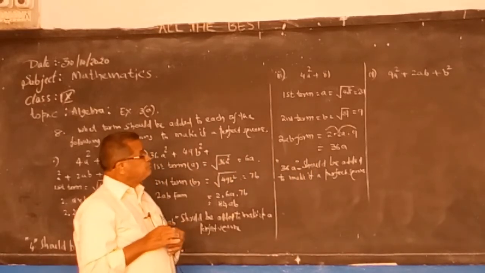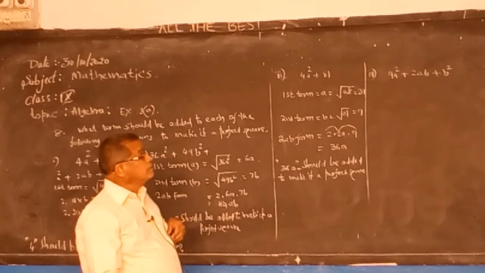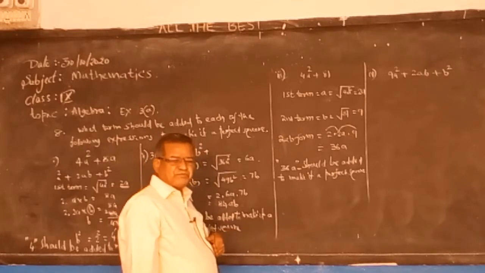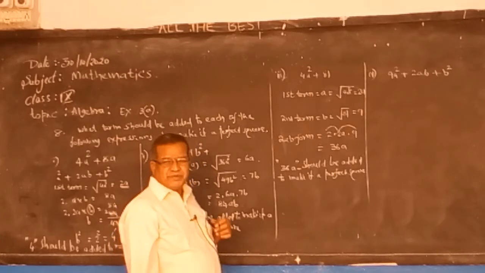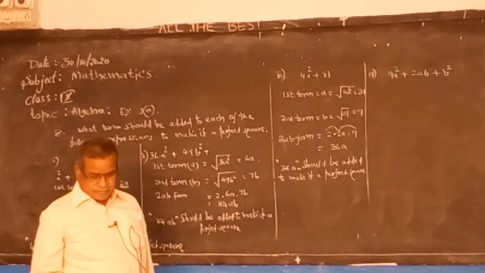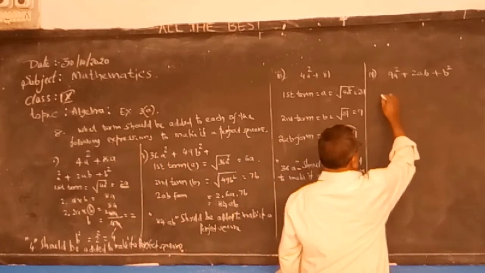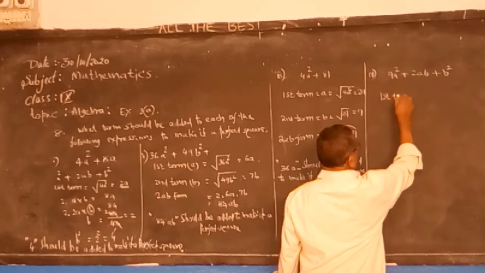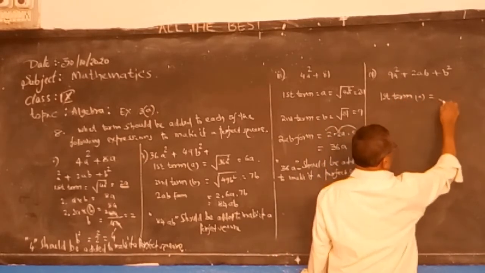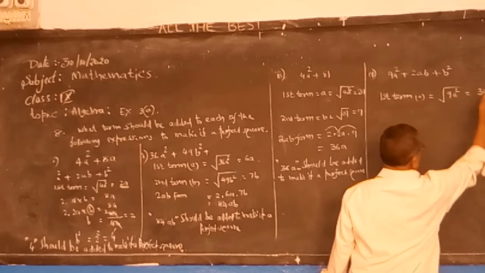See, fourth one. 3 terms are given, first term squared, 9a squared, second term b squared, but the middle term is not given perfectly. So first term a is equal to the square root of 9a squared, that is 3a.